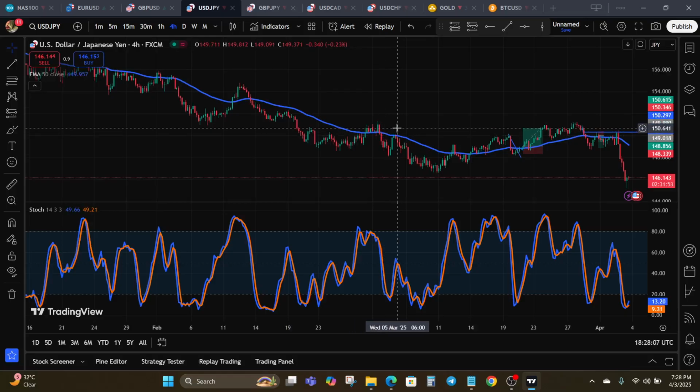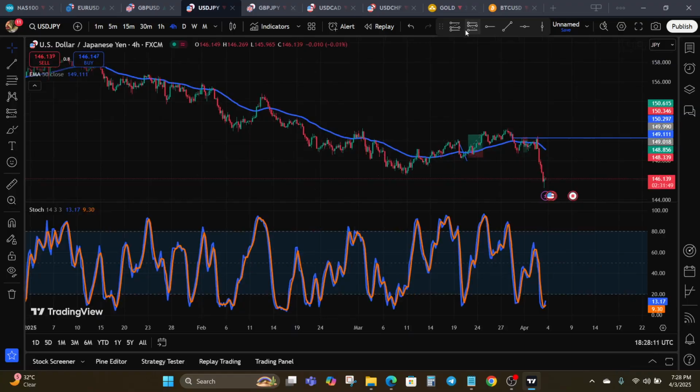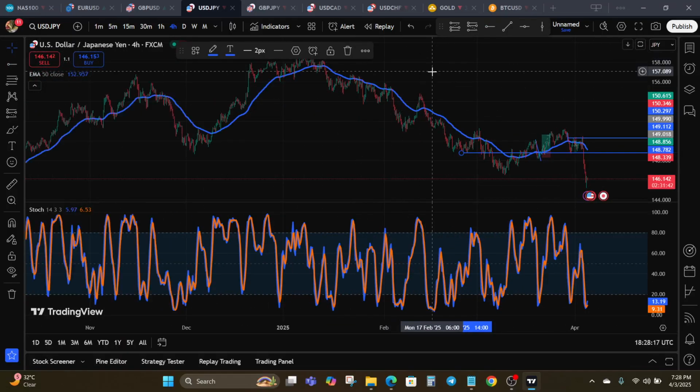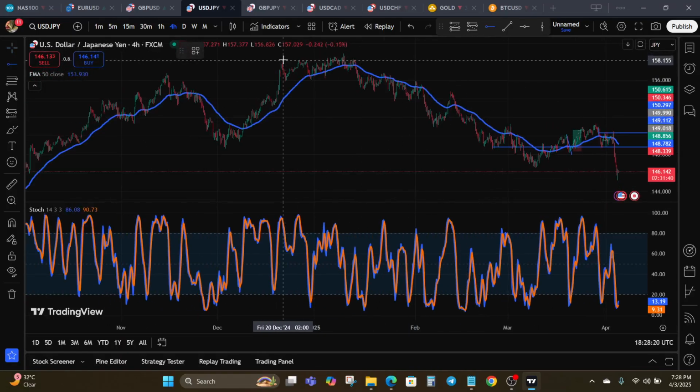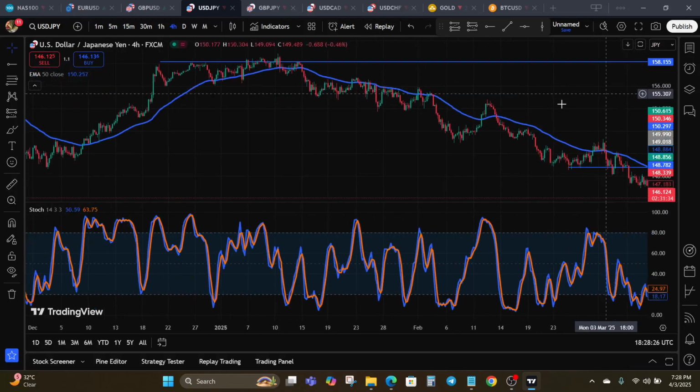If price is at a strong support or resistance level, while aligning with the EMA and stochastic, the setup is even stronger. And that is how you trade with the EMA and stochastic strategy. This method is simple, yet powerful when used correctly.